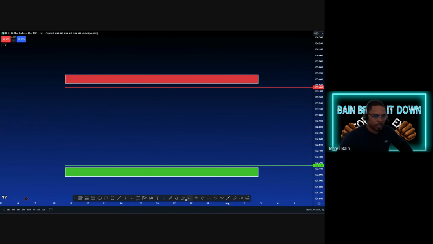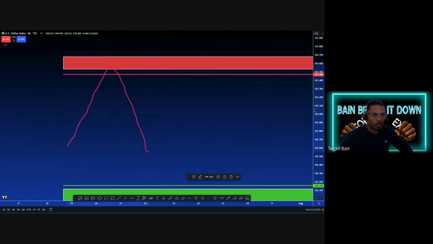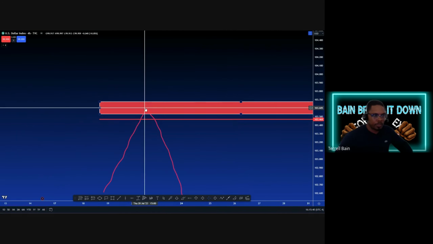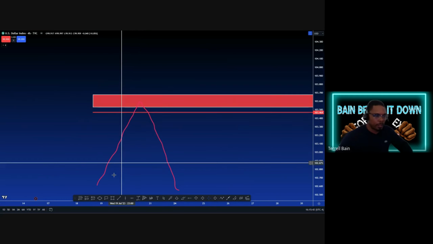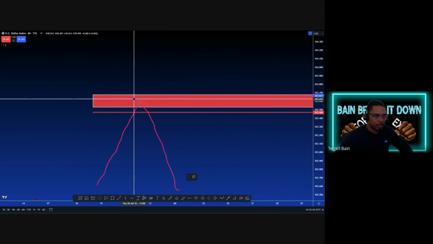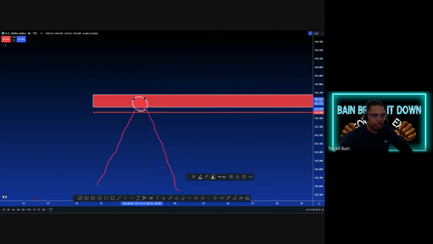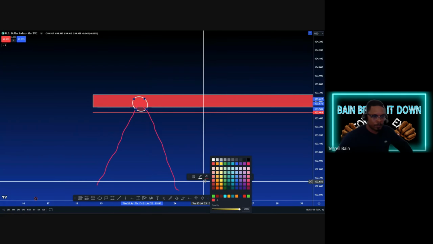All right, so check this out. We come up here and then we come down like this. When this happens, you create this major swing point right here. Let me highlight it, because I understand you may not be able to see it. All right, boom, bam, there it is.